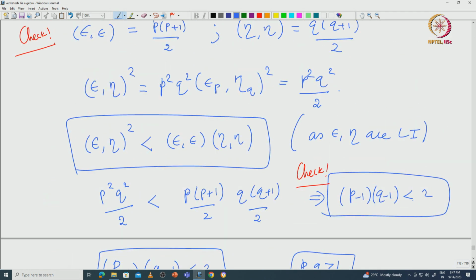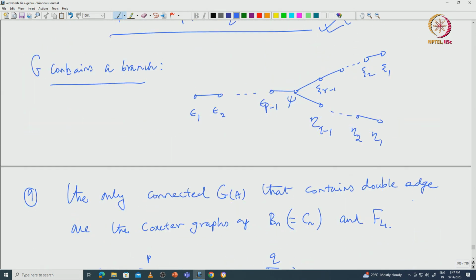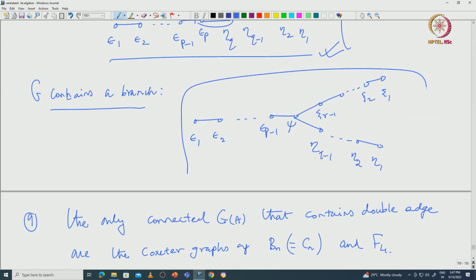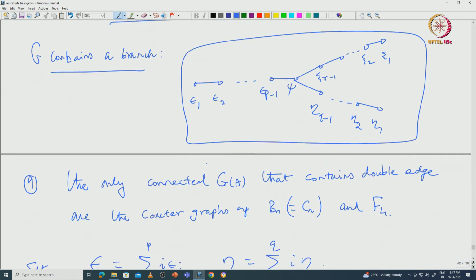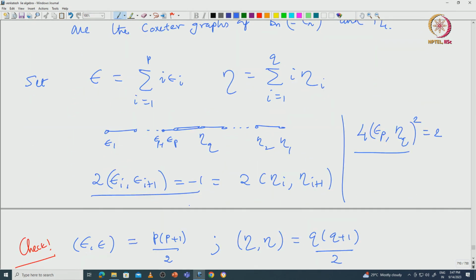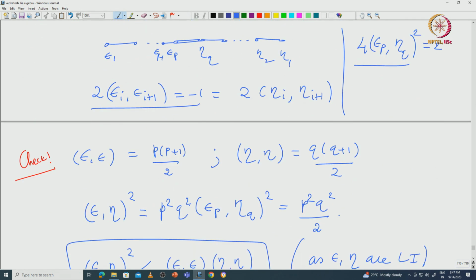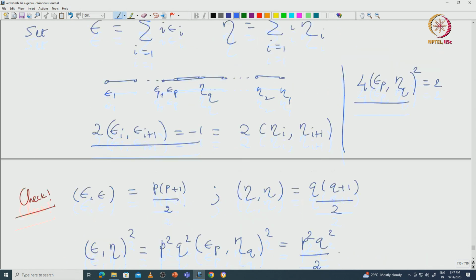Now similarly, one can take this particular type and then using similar arguments, you can conclude the only connected Coxeter graphs of this type.